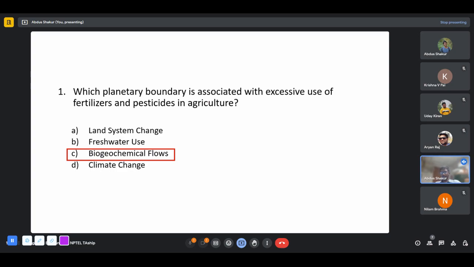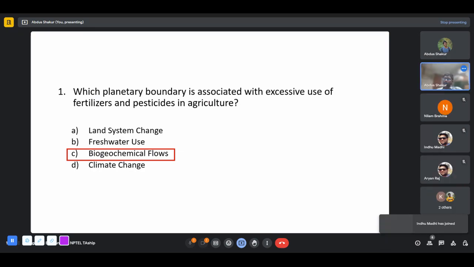But that's not what we're doing. We are adding fertilizers and pesticides, and that too in excess, so that is altering the biogeochemical flows. For instance, if you talk about the nitrogen cycle, if you are adding a lot of nitrogen into the soil, taking a lot of nitrogen from the air, we're essentially imbalancing it.